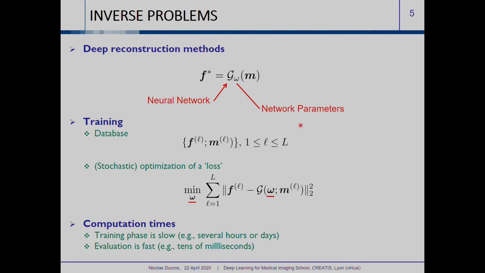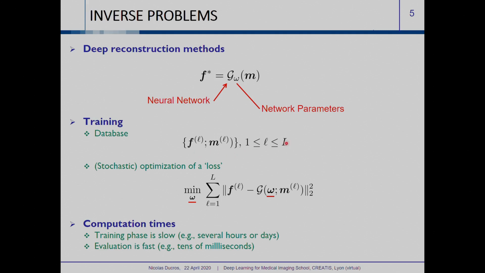This requires two phases. So we have two phases when we work with deep reconstruction methods. The first phase is the training phase. In this training phase, we tune the parameters omega. To do so, we need a database. Here we need pairs of vectors, f_l and m_l, and you need a lot of them.